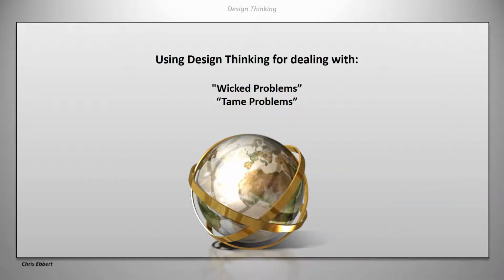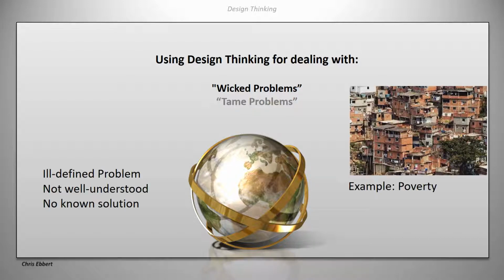Let's take a look at these wicked and tame problems in a bit more detail. A wicked problem, like I said before, is an ill-defined problem. It is not well understood, and there is no known solution. A typical example for it would be poverty. Poverty is just one word and it stands for a lot of things, and therefore this is a wicked problem.